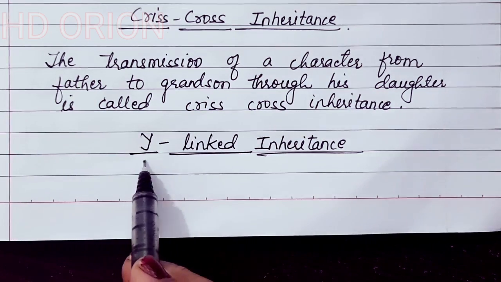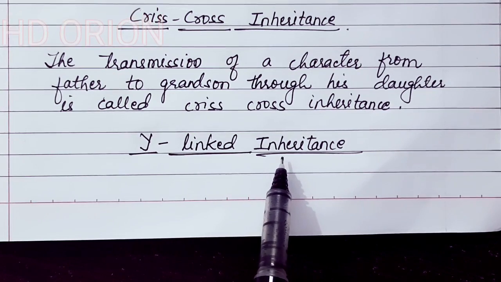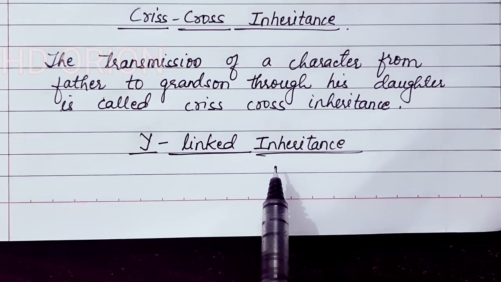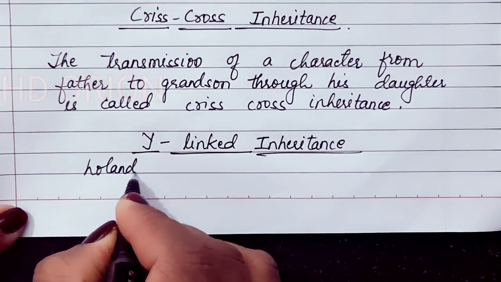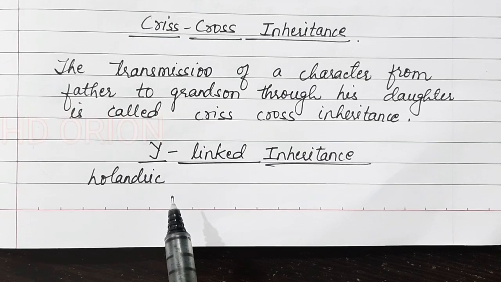Now let us study Y-linked inheritance. What is Y-linked inheritance? The inheritance which is caused by the genes present in the Y chromosome. These genes are called Holandric genes. The Y chromosome linked traits occur only in males and not in females.